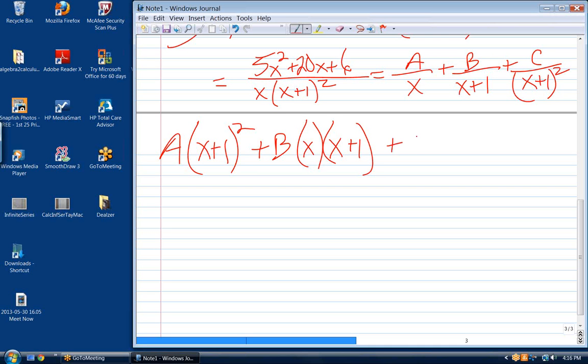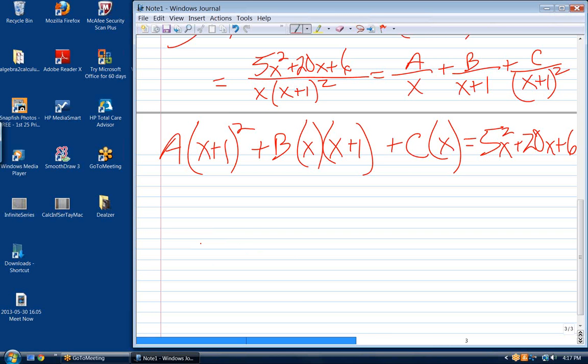And then C needs to be multiplied by just x. And all of that has to equal this numerator on the other side, 5x squared plus 20x plus 6. Let's make sure I did that correctly. Yes. Okay.